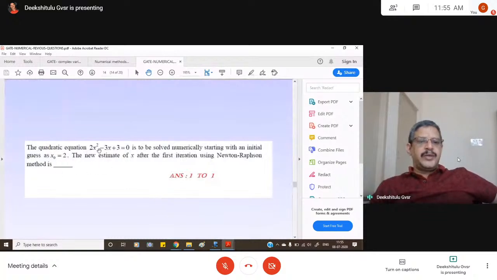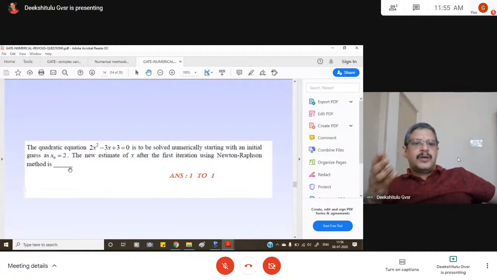The quadratic equation 2x squared minus 3x plus 3 equal to 0 is to be solved numerically, starting with an initial approximation x0 equal to 2. What is the new estimate of x at the first iteration using Newton-Raphson? You have to get the first approximation. f(x) at 2: 8 minus 6 plus 3, 5.